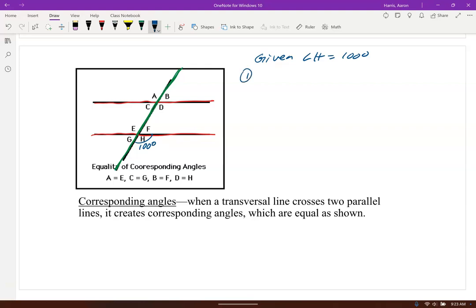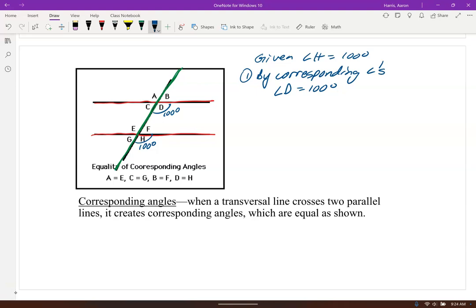So number one, by corresponding angles, H corresponds with which other angle, you guys? Of course, H corresponds with D. So angle D must be 100 degrees. So let's write that in. That's 100 degrees.